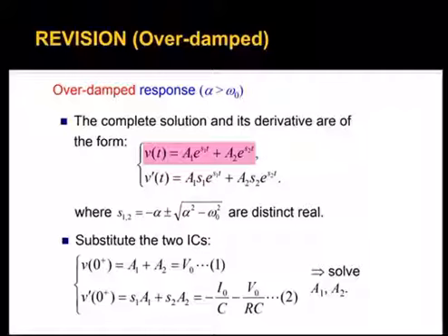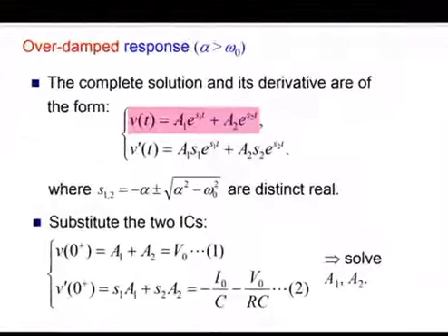In order to solve for A1 and A2, you will need the initial conditions V(0) and dV(0)/dt. So we need to substitute the two initial conditions, where you replace all the t in the V(t) equation with 0.